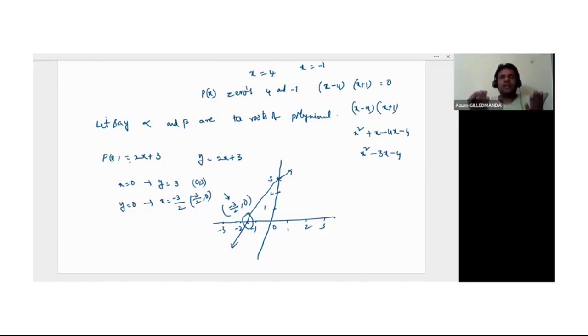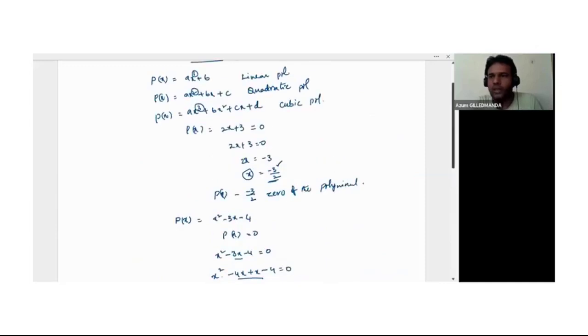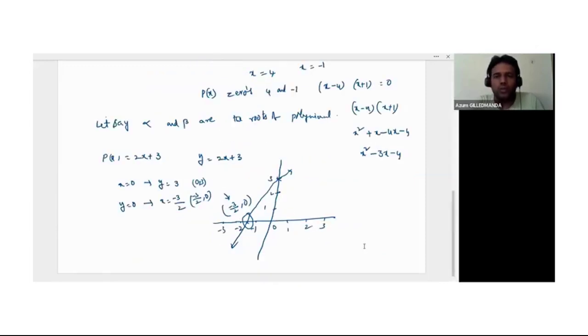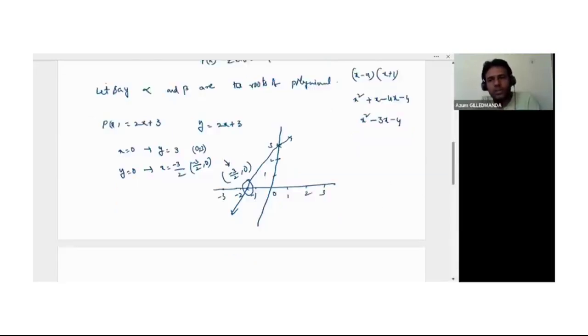Let's say I draw a quadratic polynomial, which can come in the form of a parabola. If that parabola touches the x-axis at 2 points, then you have two zeros of the polynomial. So there are two ways. One is you can find the zeros of the polynomial by equating the polynomial to 0.